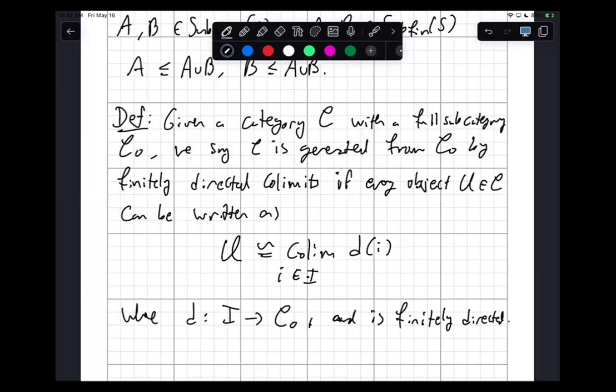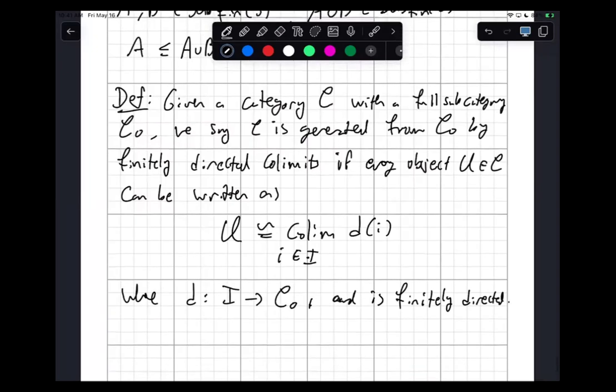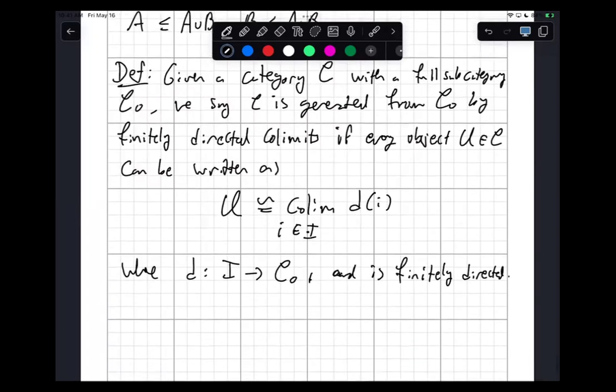So I want to know if I can write the objects in my category as these finite directed colimits of any diagram. So the example, of course, is Set.